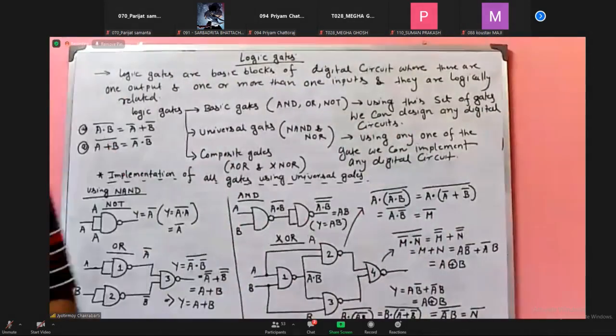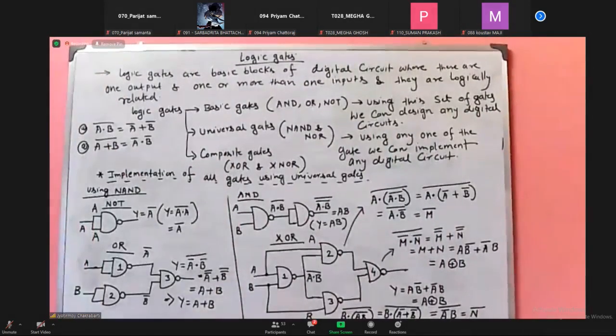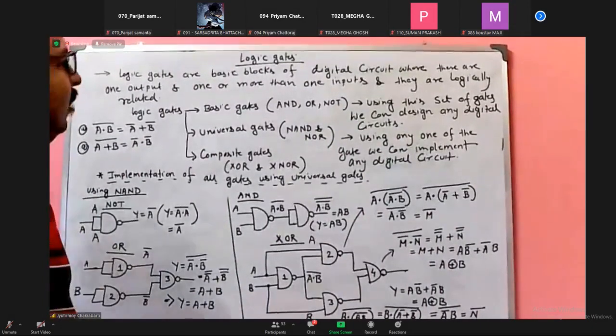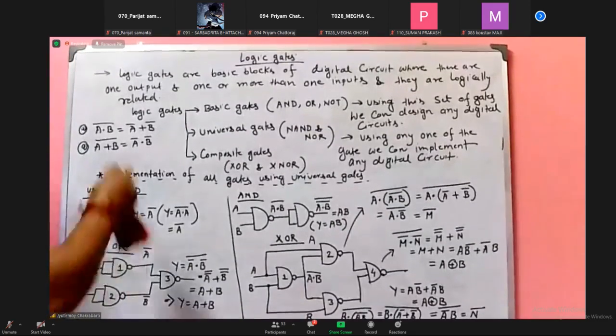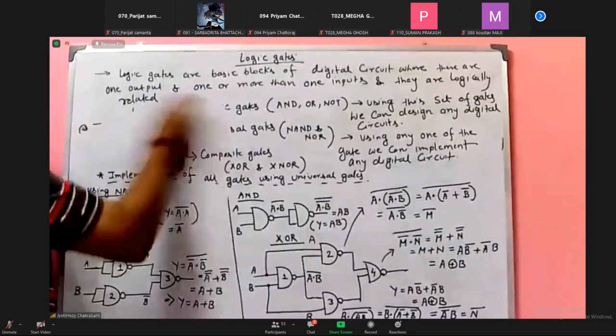Okay, so next we will discuss implementation of all gates in the code. XNOR is left. So XNOR, how do we do it?